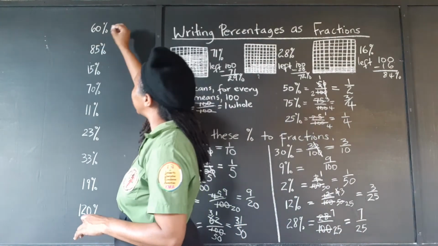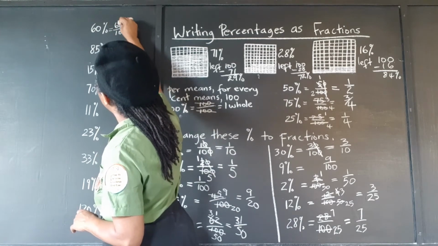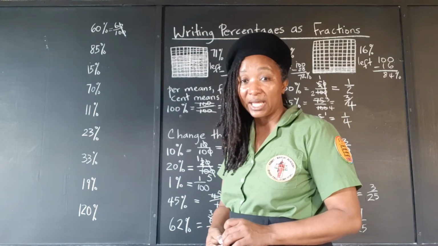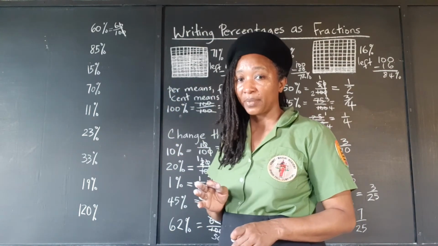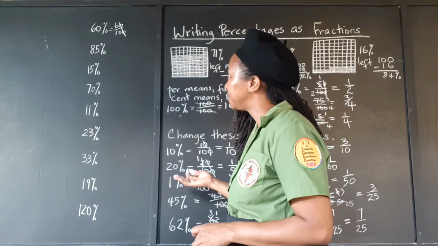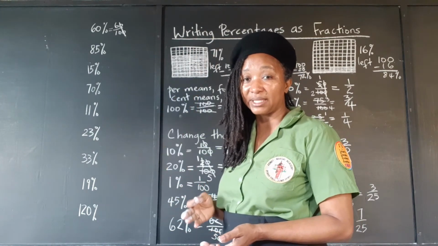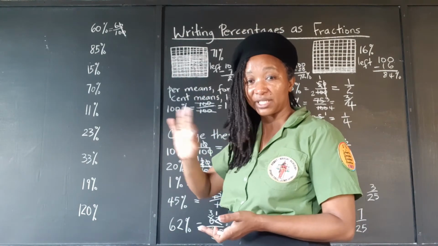So 60%, that's 60 out of 100. We know that these two zeros can cancel each other out, meaning we just divided both terms by 10. When you see me draw a line through the two zeros, that means I'm dividing each of those by 10, so I'm just getting rid of the zero at the end.